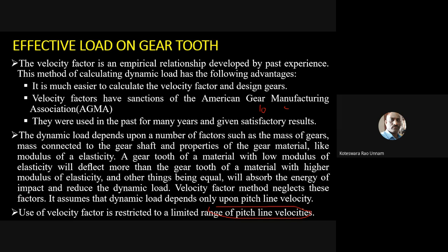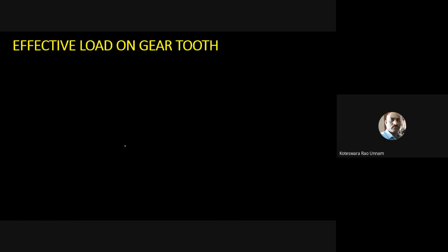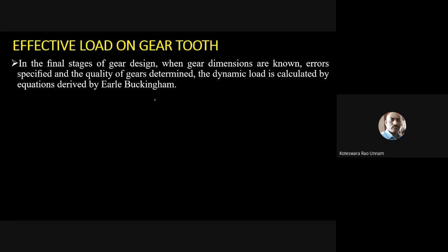That means you don't have velocity factors for a wide range of velocities. That is another limitation of this velocity factor. But even so, we'll use the same thing, so you have to follow that approach.